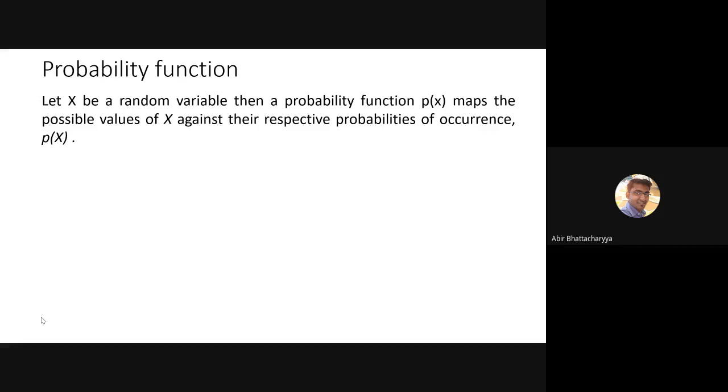P of x, where x is any random variable, is going to be the probability function. As I told you, the value of probabilities always lies between 0 and 1. Maximum value is 1, minimum value is 0. We cannot find any probability which is greater than 1 or less than 0.